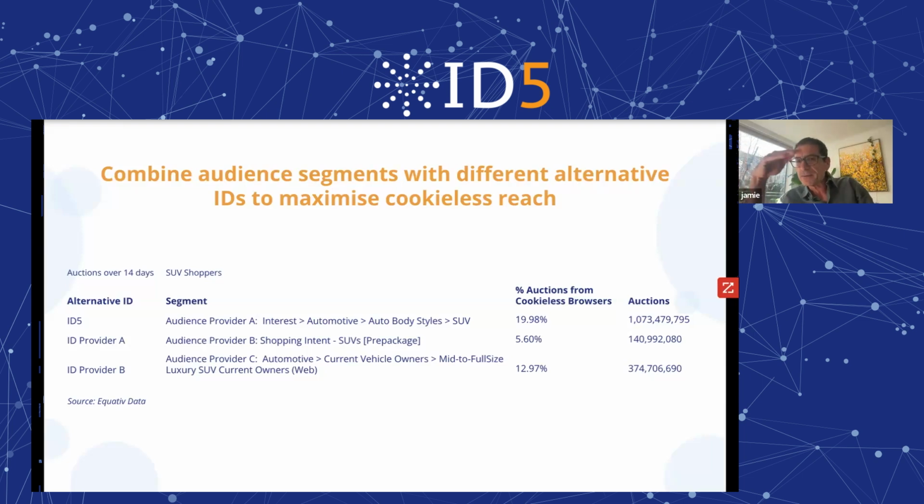So by combining the footprints of 3 different ID providers within 3 different audiences, you can increase your cookieless reach a lot. And remember that CPM is a lot lower, 35% lower for in-stream, outstream. So you're reaching a person that you haven't reached before, a person that is less fatigued from targeted ads, and you're getting them at a much lower CPM at, I think, significant scale.